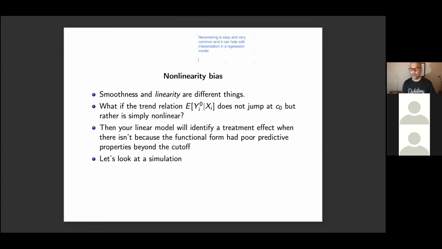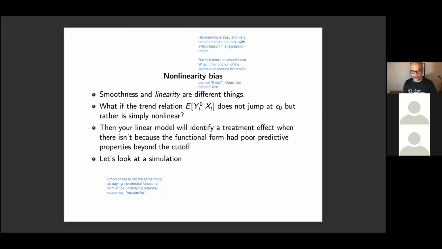What about, but let's return to smoothness. What if the function of the potential outcomes is smooth, but not linear? Does that matter? Yes, it matters. All right. Yes, it matters. So smoothness is not the same thing as saying the precise functional form of the underlying potential outcomes.